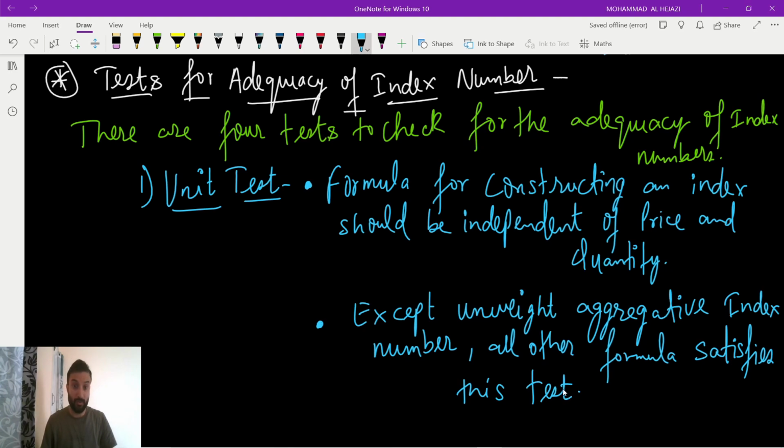You have to remember which formula is satisfying the test and which formula is not satisfying the test.